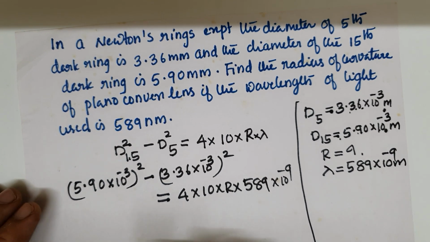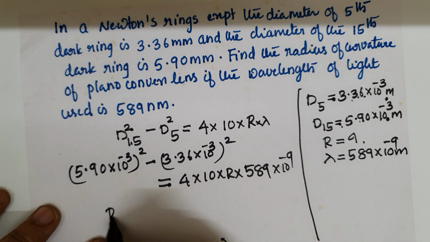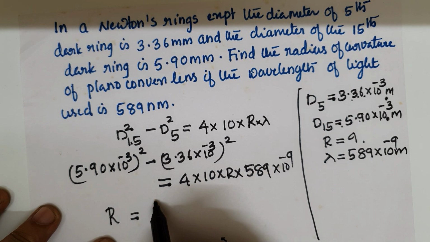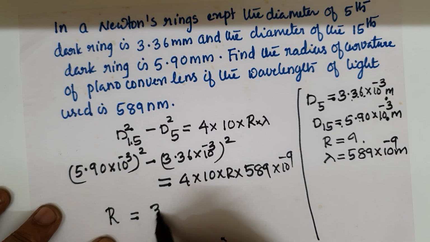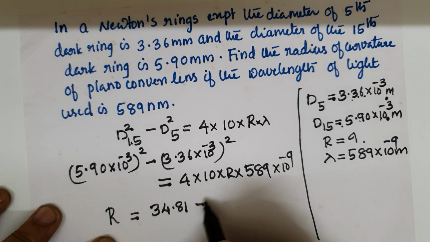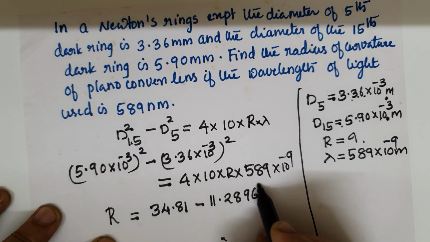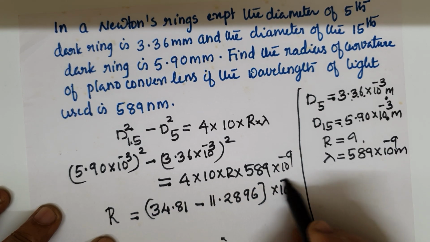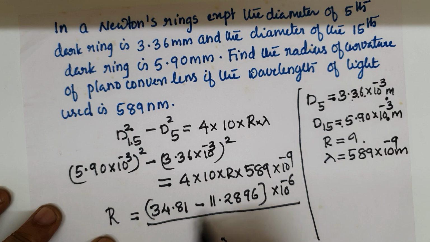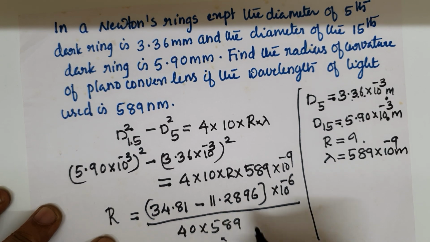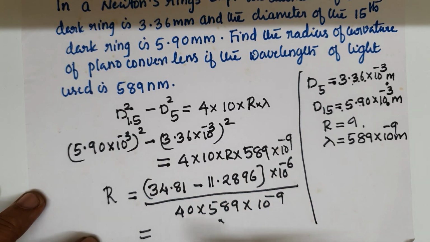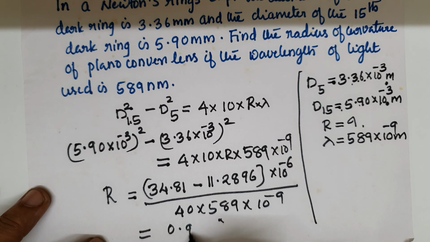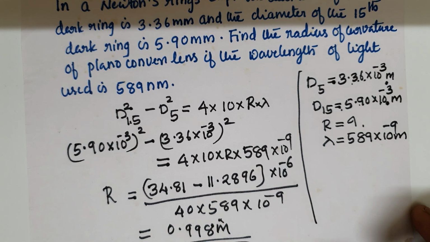Therefore r is equal to 34.81 minus 11.2896, into 10 raised to minus 6, the whole divided by 40 into 589 into 10 raised to minus 9. This will give about 0.998 meter.